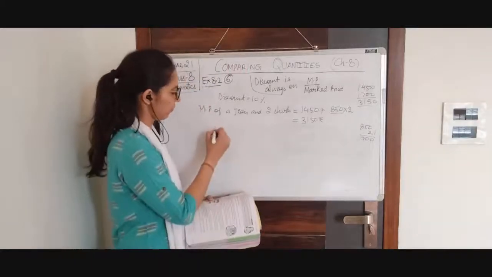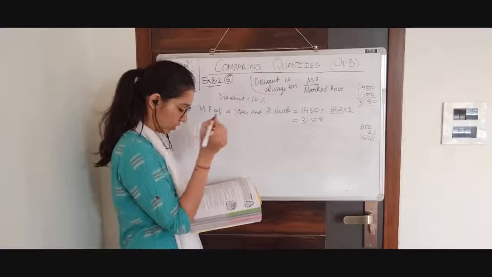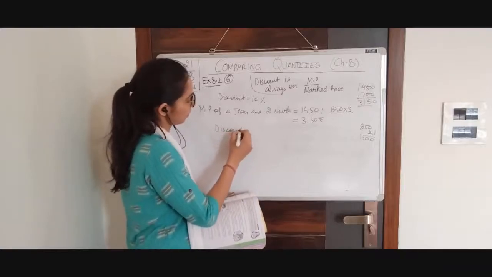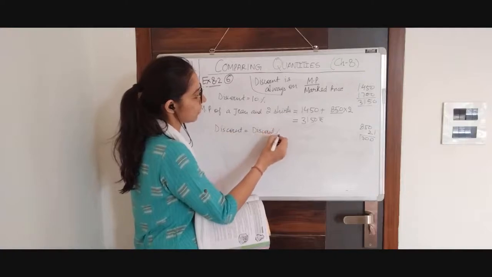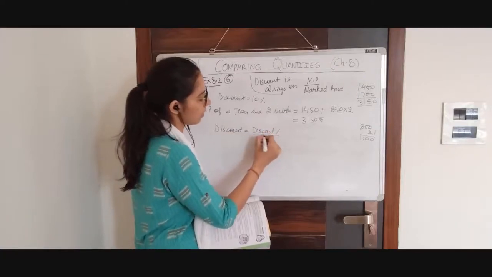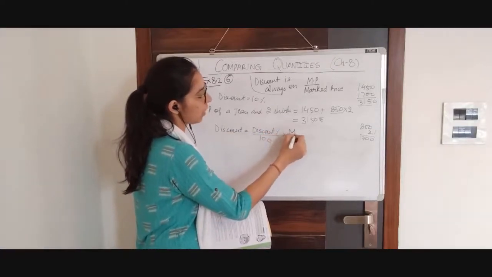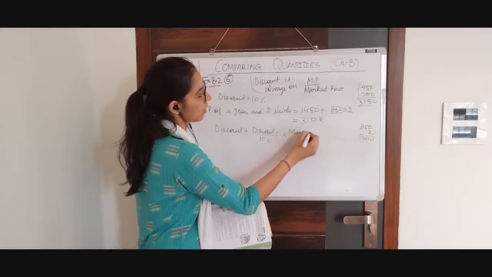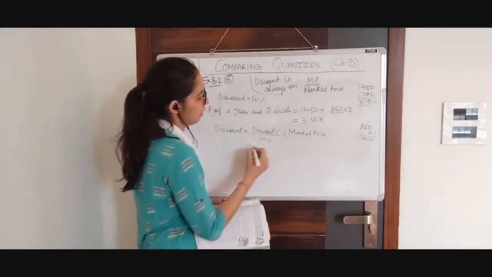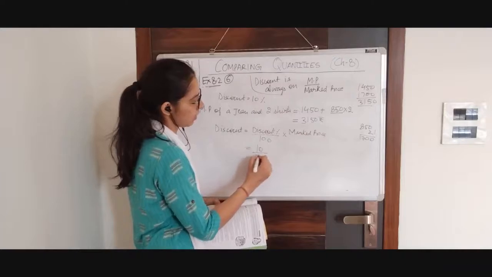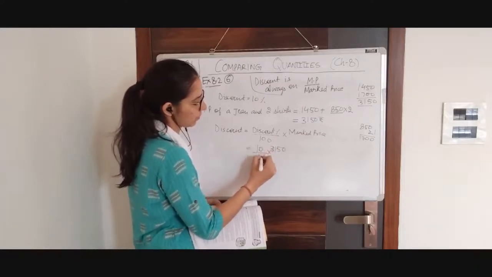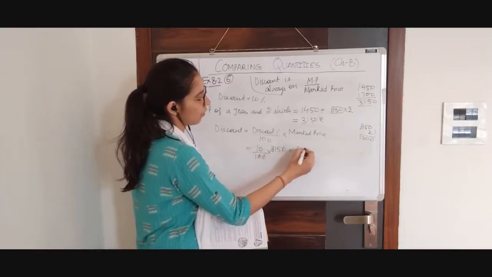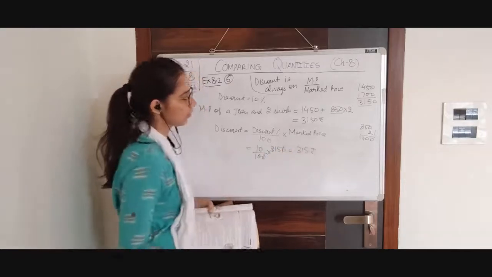Discount percentage given है, so we can find out discount. Discount will be discount percentage divided by 100 into marked price. ठीक है, discount percentage 10, 100, then 3150. So you got discount of rupees 315.